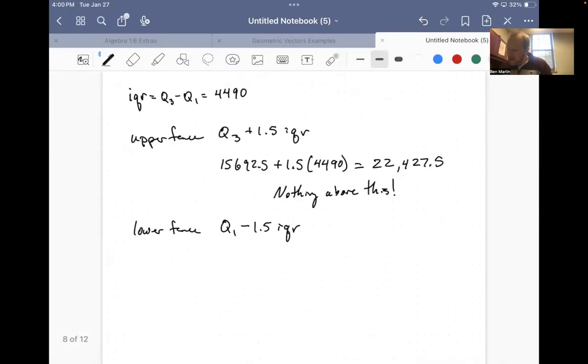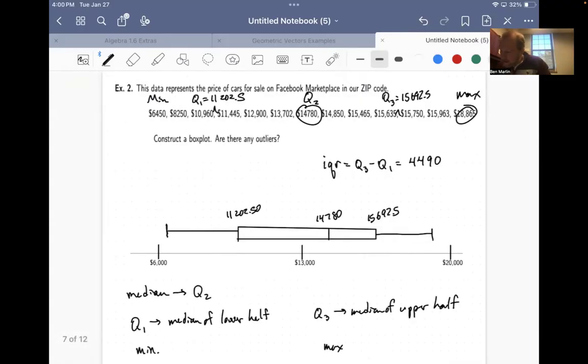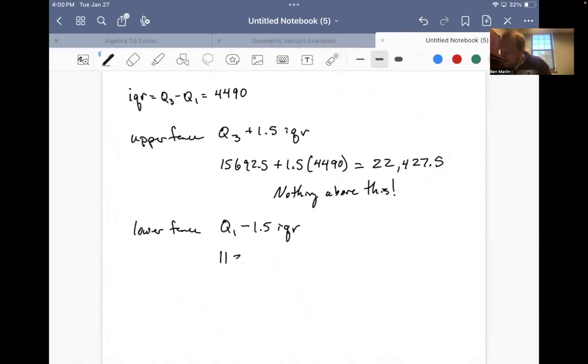So this time, 11,202.5 minus 1.5 times the 4,490 turns out to be 4,467.5.